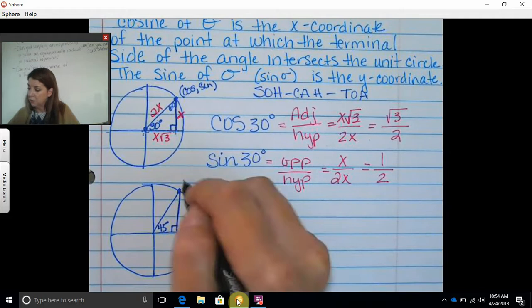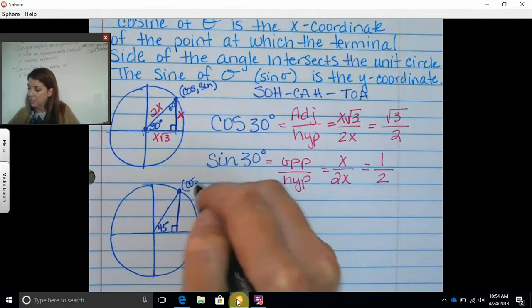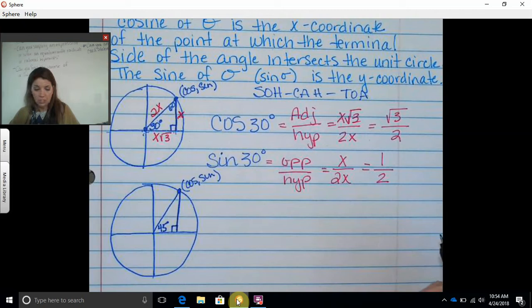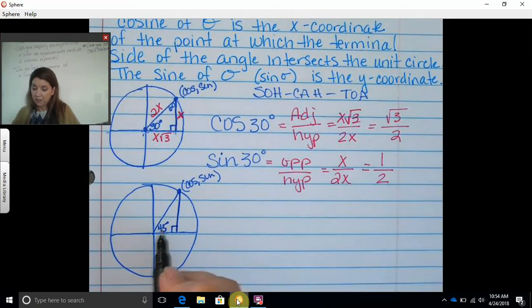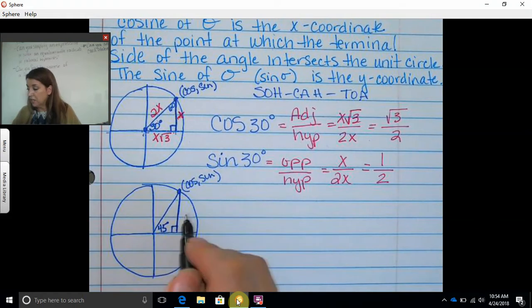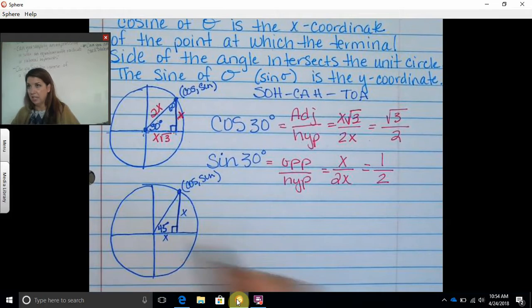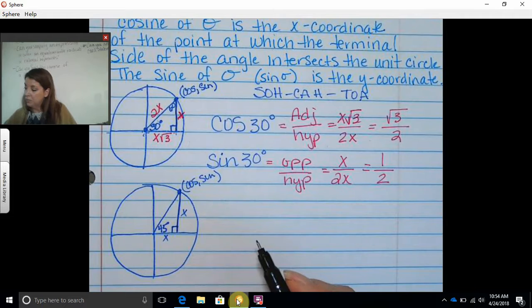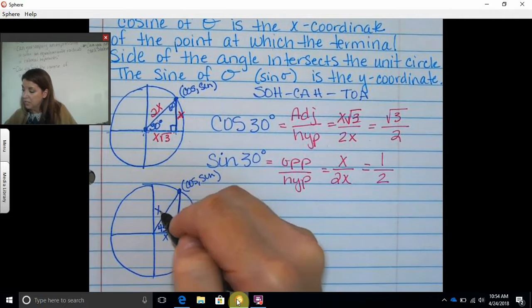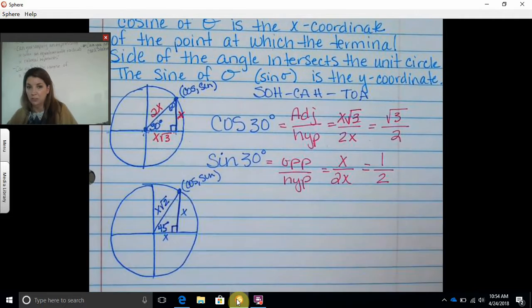So we're looking for this ordered pair. Cosine, comma, sine. My theta is 45 degrees. I know in a 45-45 degree triangle, the two small sides we refer to as x or s. I said s on the previous page, whatever, the variable. And the hypotenuse is the length of the small side times the square root of 2, x square root of 2.